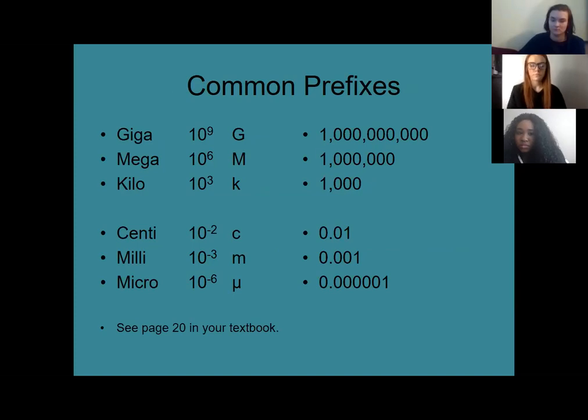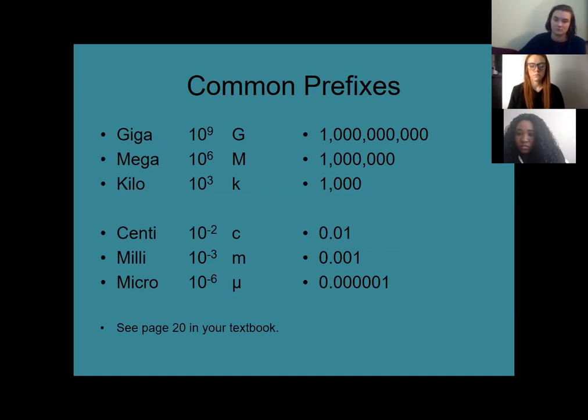These are the 6 most common: giga, mega, kilo, centi, milli, micro. Giga, symbolized by the capital G, is 10 to the 9th.